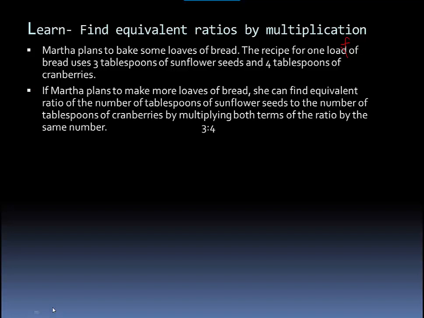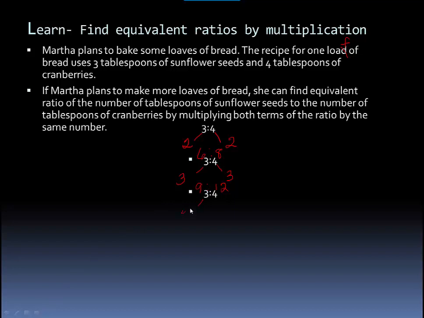We see that sunflower seeds to cranberries is 3 to 4. Let's multiply it by 2. That ratio would now become 6 to 8. Let's multiply 3 to 4 by 3, because now she wants to make 3 loaves of bread. So she must use 9 tablespoons of sunflower seeds and 12 tablespoons of cranberries.